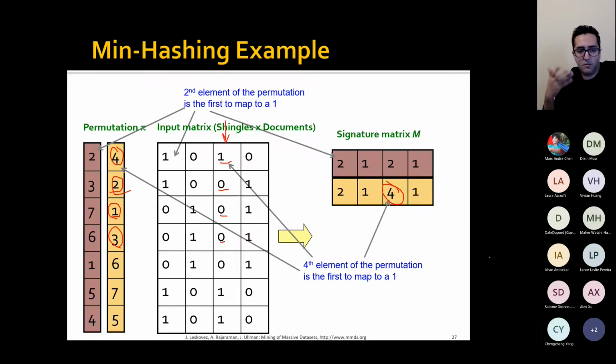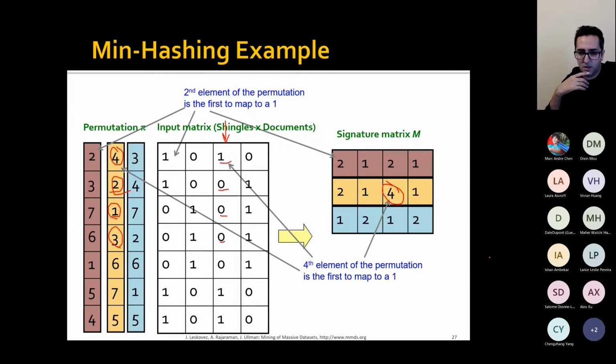So basically, every time you have a new permutation, you end up with new numbers, because it's randomly shuffling the rows, so a different row will be selected. You can continue this and keep producing new rows for our signature matrix. That's a term that I will use. The signature matrix is this compressed matrix that we create and build using the original matrix.